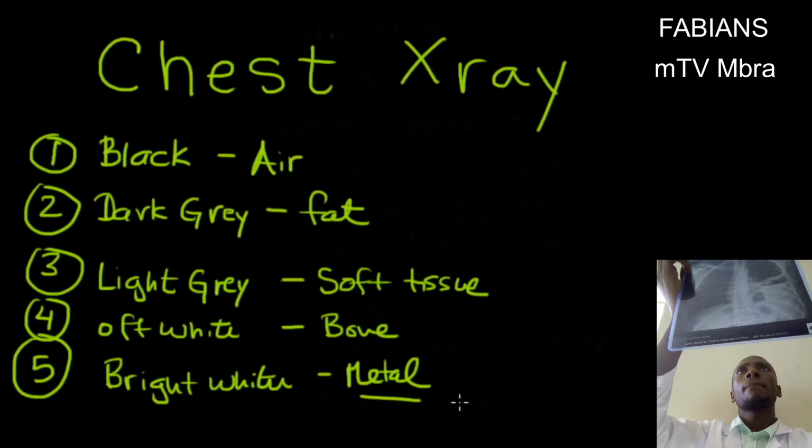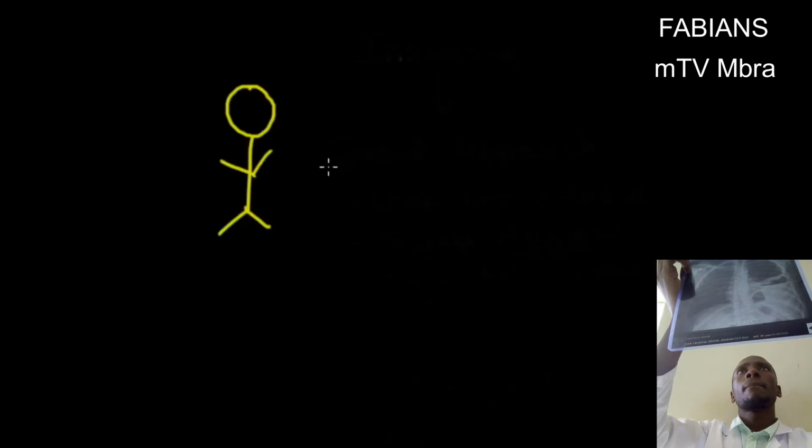It will appear very bright white and sharp. On X-ray, you will know that there is metal in certain tissues. So these are the densities that we consider much when interpreting X-ray.